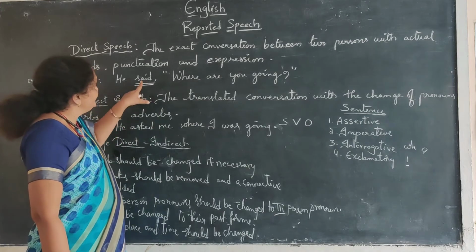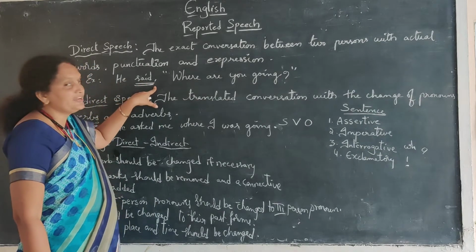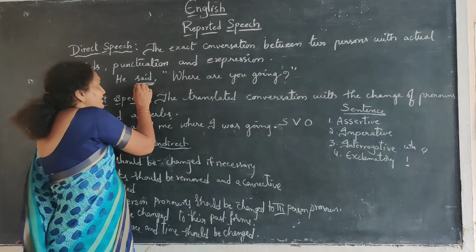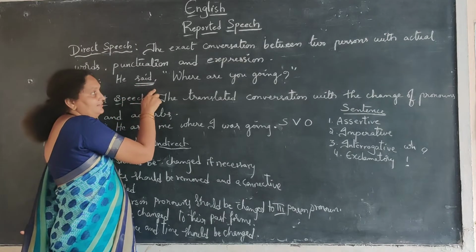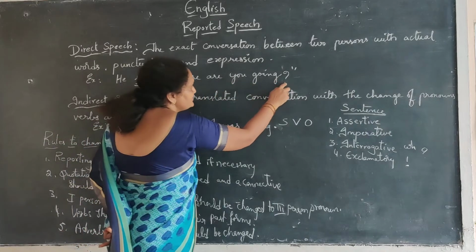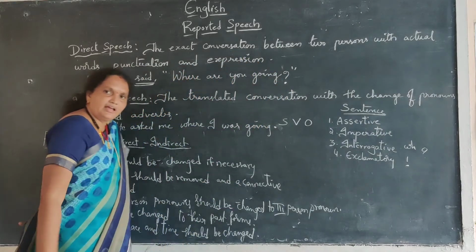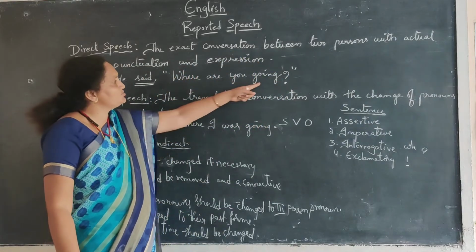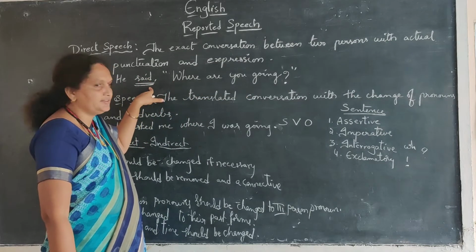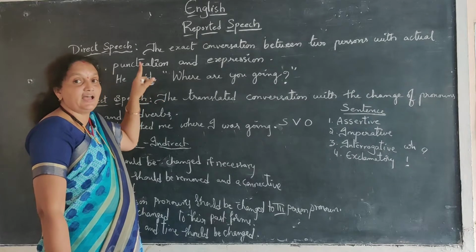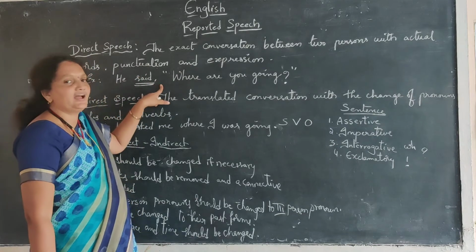What did I give here? I gave said. But if you see, this is a question. Actually, if we see a question, what should we say, said or asked? Actually, we have to write asked here.